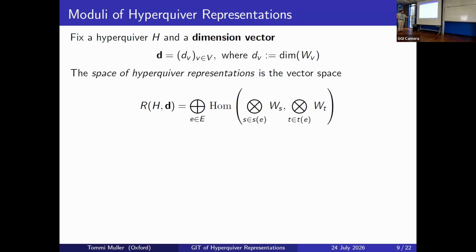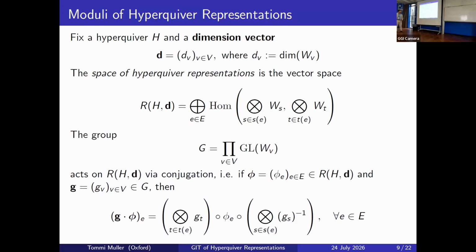This is our vector space V, and we have a group G acting on this space, which is a product of GLs, one at every vertex, and it acts by conjugation. It's sort of a multilinear conjugation: you invert at the source and uninvert at the target. So this is how G acts on the space.